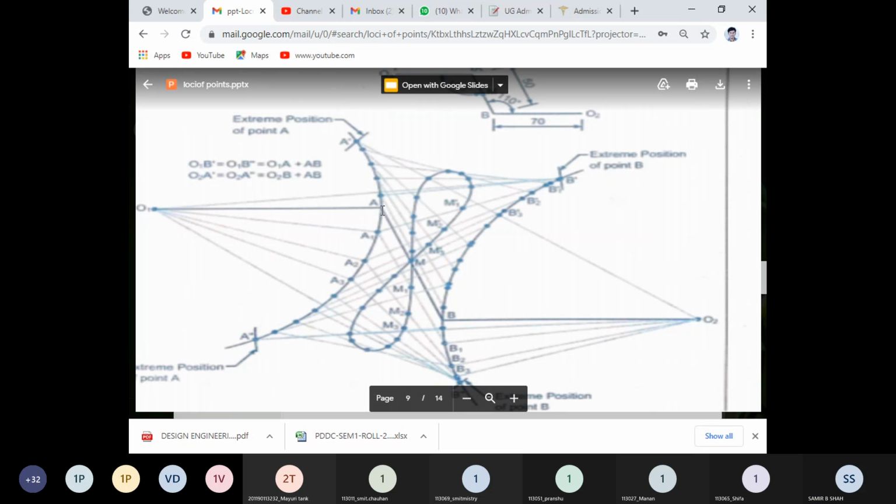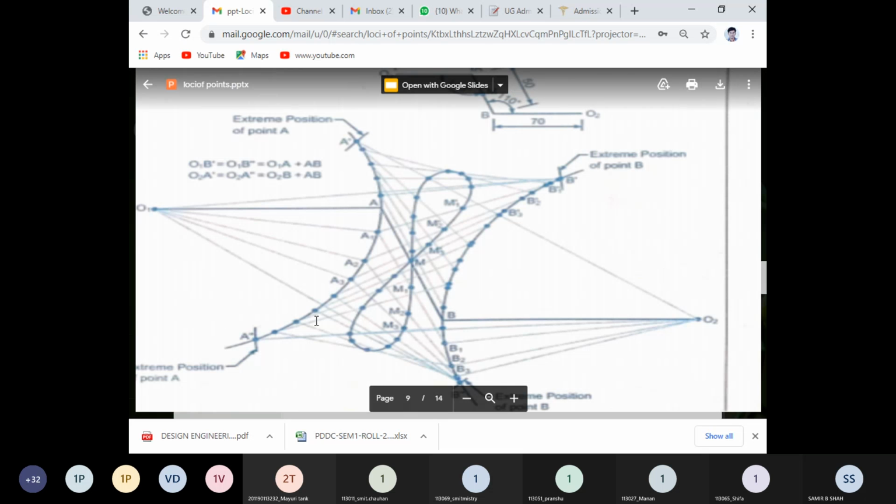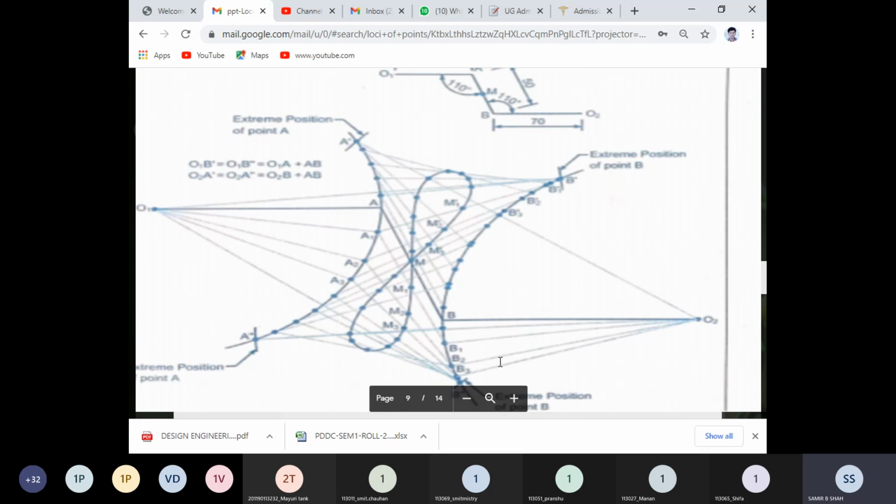As A moves towards A double dash, simultaneously B moves towards B double dash. A moves towards A double dash and may continue up to A dash. But here B is up to B double dash, at the same position. After that it reverses, gets up to B dash, and once again starts to reach from B dash to B double dash.